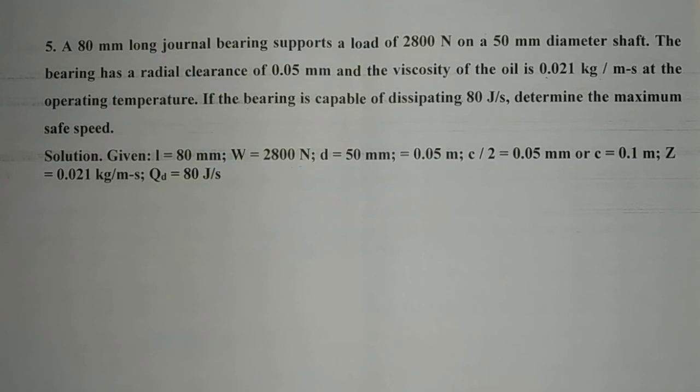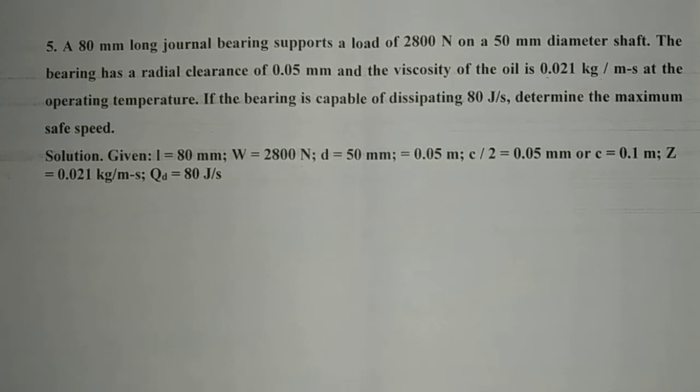Okay, so if N is the maximum safe speed, then first of all, we have to find the heat generated. Then we have to compare the heat generated with the heat dissipated, and then you can find the speed.